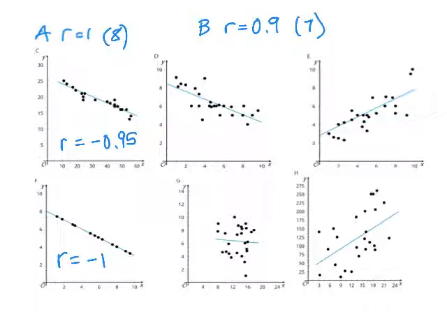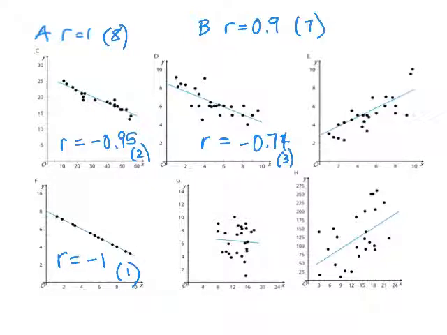So C goes with the value number 2 in the list, and F goes with the value number 1 in the list. All right. For D, it's also a decreasing linear model, but it's not quite as good. This is R equals negative 0.74, which was number 3 in the list.